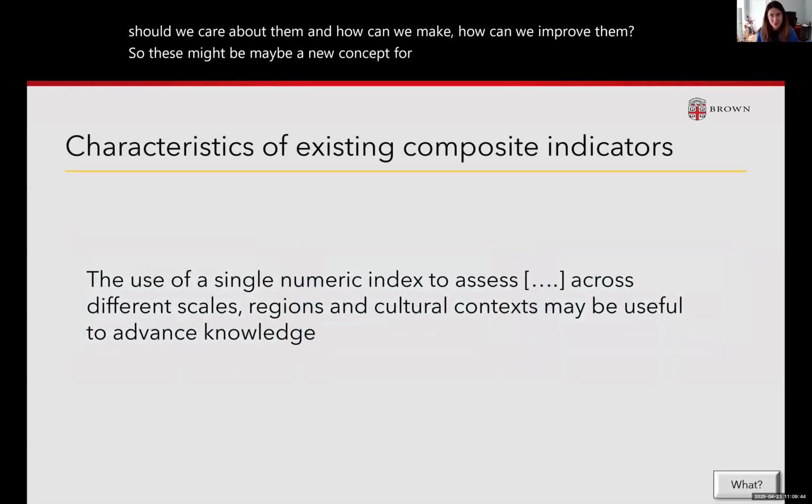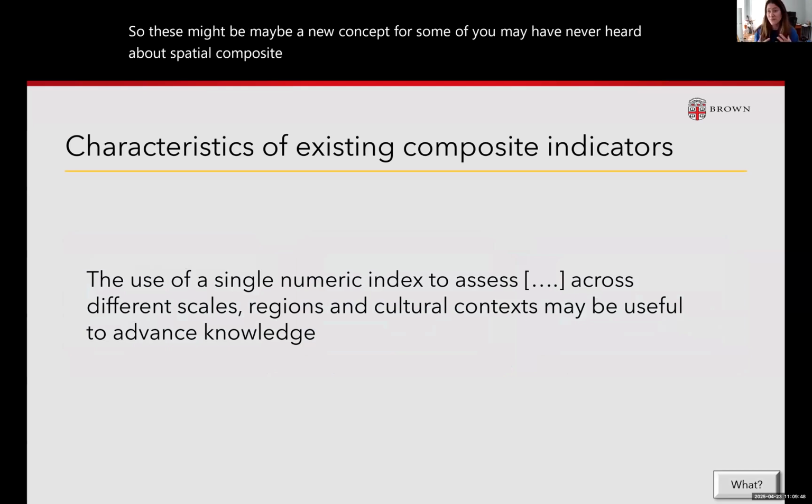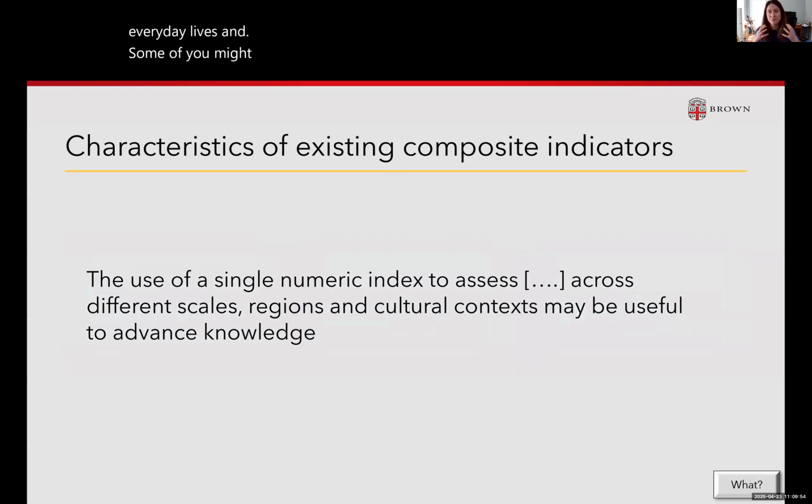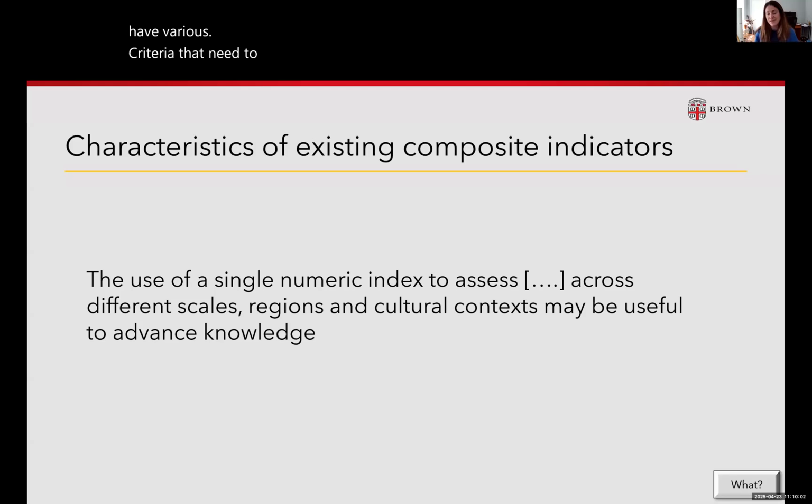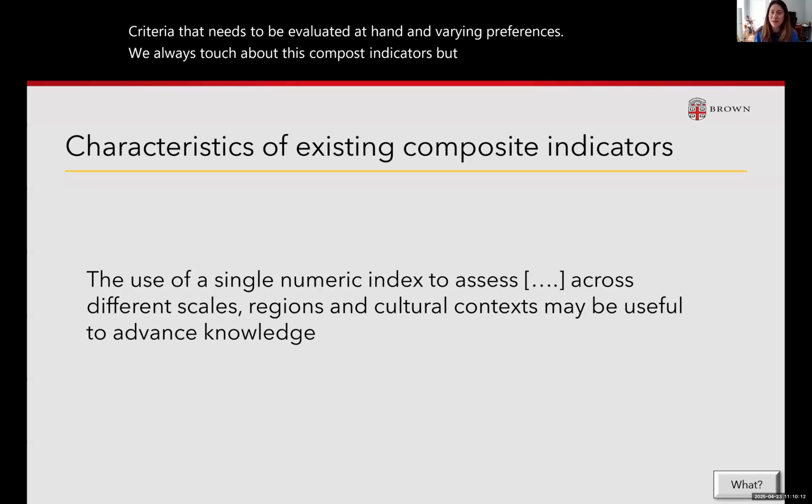You might have never heard about spatial composite indicators, but they're actually very well integrated in our everyday lives. Some of you might have heard about multi-criteria evaluation, when we have various criteria to be evaluated and varying preferences. We always touch on these composite indicators, however we define them.